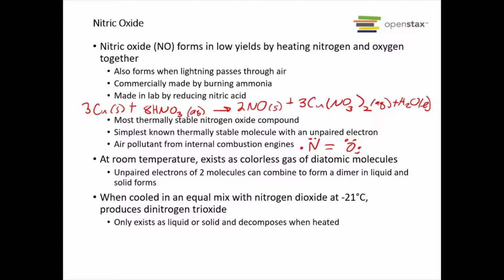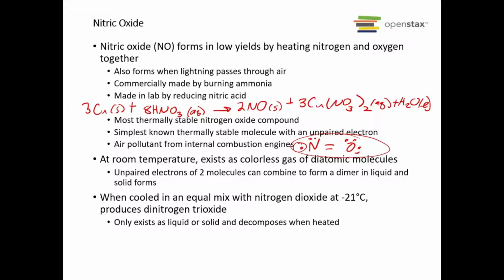Some other characteristics. At room temperature, NO exists as a colorless gas made of diatomic molecules, so the single electron, the N double bond O. But what can also happen is when it's in its liquid and solid form, those unpaired electrons that are on the nitrogens, if you've got two molecules of it, they can actually pair up and form a dimer.